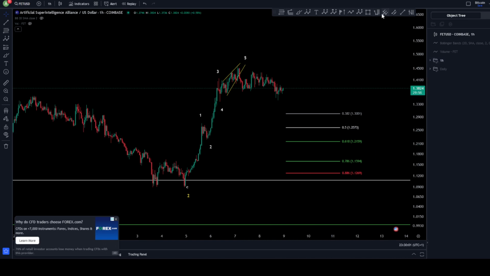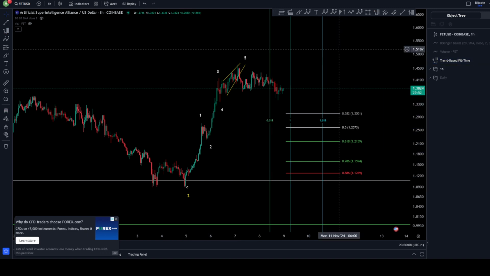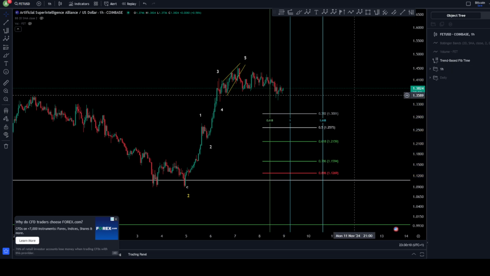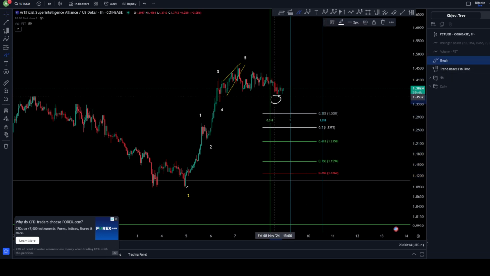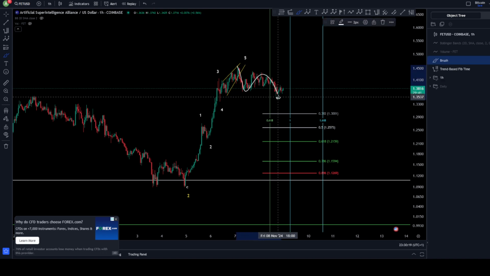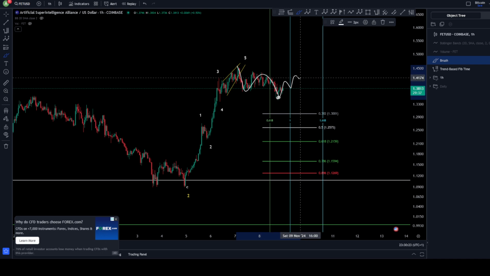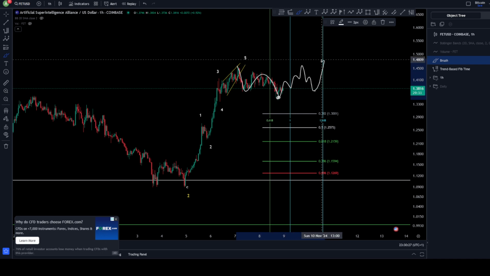Now, for the timing of this wave 2, you can take the time here taken from the wave 1, and you can see that the perfect timing for a wave 2 would already be done. So if possibly we are already done with a wave 2 for FET, we might see 5 waves toward the upside, 3 waves down, and then continuation.